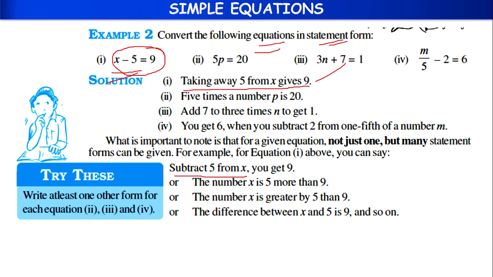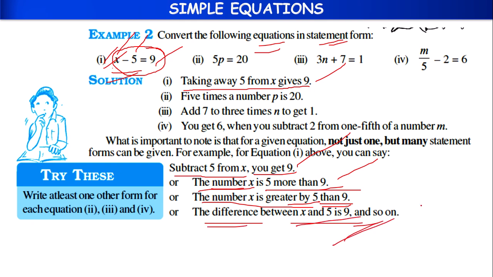Subtract 5 from x, you will get 9. Or the number x is 5 more than 9. Or the number x is greater by 5 than 9. Or the difference of x and 5 is 9.